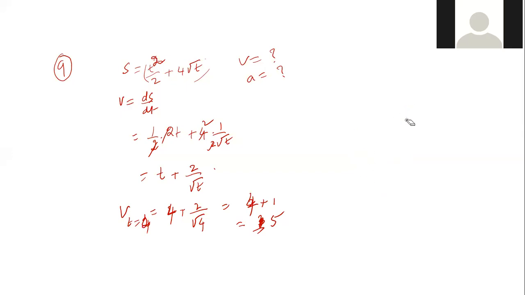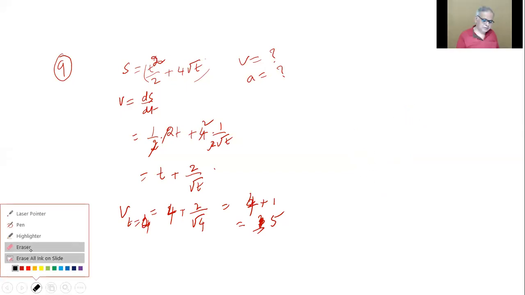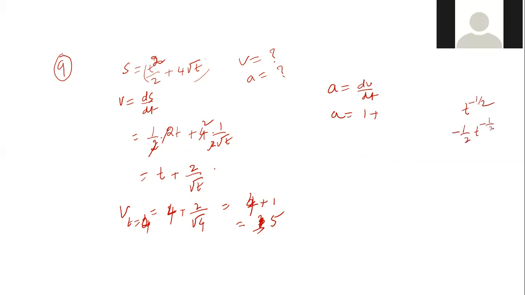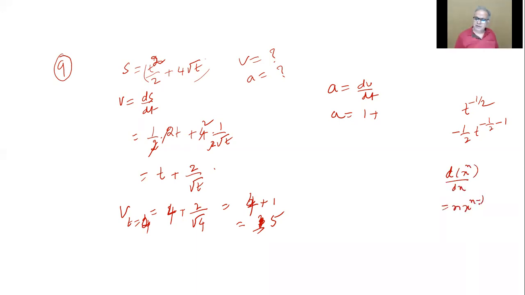So then we differentiate v. A equals dv by dt. So what do I do for this now? Differentiate this and tell me. T's derivative is 1, plus 1 by 2 root t, that is t to the power minus half. So minus half into t to the power minus half minus 1, minus 3 by 2. The formula is d of x power n by dx equals n into x power n minus 1.